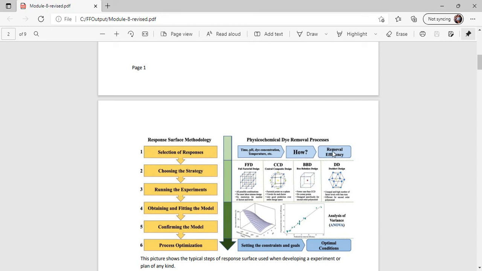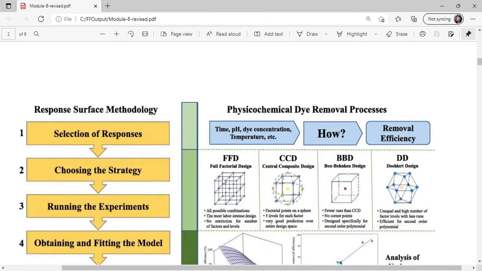So, you have your processes, you have your full fractional design, all possible combinations, your CCD, central composite design, your Box-Behnken design, and your other designs. Each one has its own definition. All possible combinations, the most labor-intensive design, no restriction on the number of factor levels. In CCD, you have factorial points on the sphere, 5 levels for each factor, and very good prediction over the entire design space.